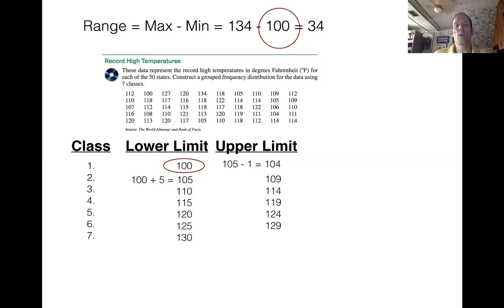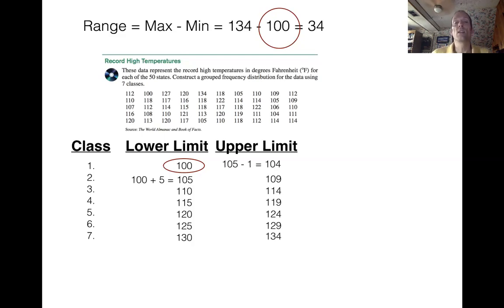Now, that'll bring me all the way to the upper limit for class 6, but how do I finish the job? Because I don't really have class 8. So how do I figure out what the upper limit of class 7 should be? Well, I'm going to pick up on the pattern where I seem to have added 5 each time to get the upper limit. So I'm going to keep on using that pattern. I'm going to put in 129 degrees plus 5 equals 134 for class 7.